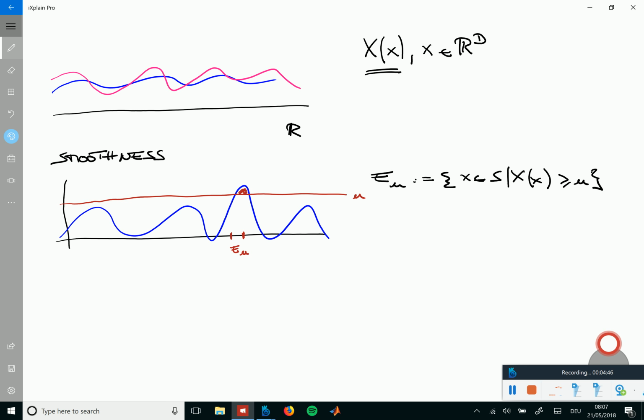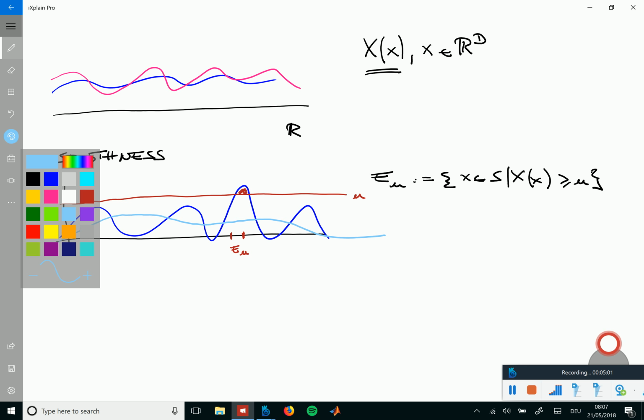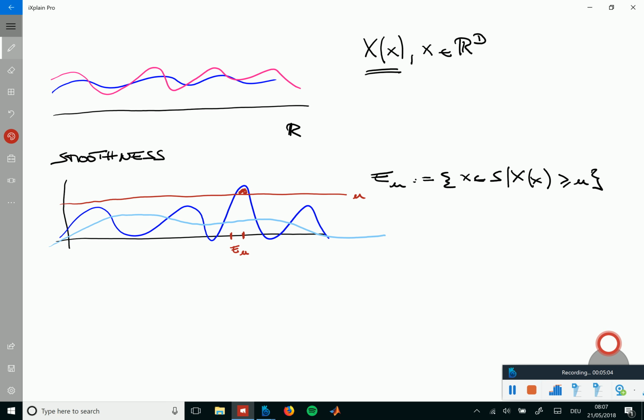And so, for example, if we have something very smooth, and everything with an expectation function about 0, then the probability for this excursion set to be large is relatively small. And if we have something that is very rough, so something like this, then it might be larger, but also the specific components that form part of the excursion set are smaller.